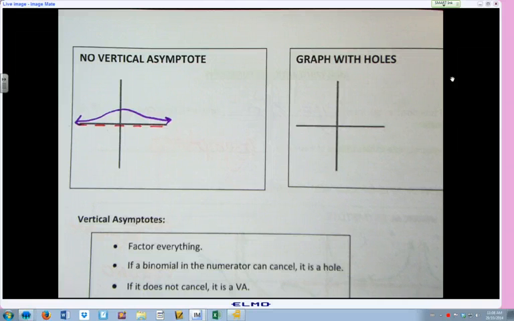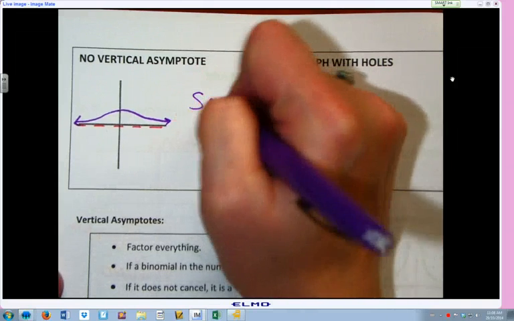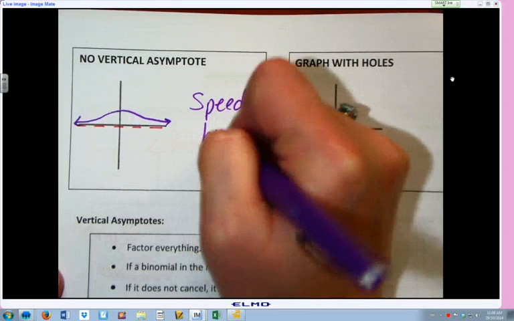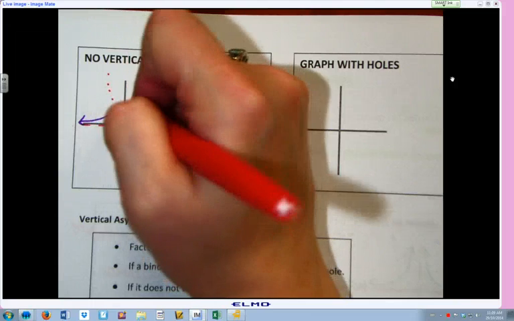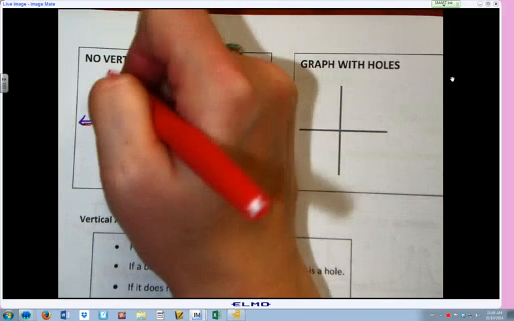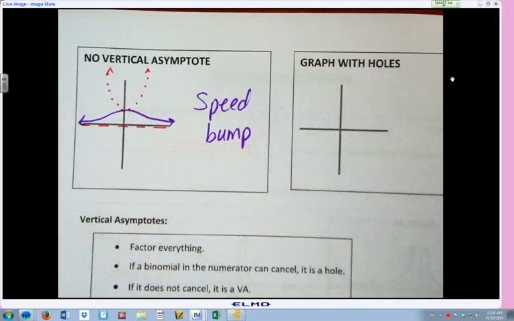Rob, do you remember? Speed bump. Again, not creative people. We looked at it, we're like, yep, looks like a speed bump. Had Manitobans picked it, I think we would have called it mountain, because that's a pretty big bump for us, but for the rest of the world, probably not. This comes from a parabola that's above the x-axis, so it doesn't have any x-intercepts, which means it doesn't have any vertical asymptotes.